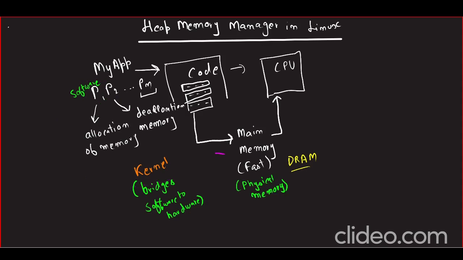Now what will happen is that these processes will first reach out to the kernel, and P1 will say, hey dude, can you allocate some memory for me of some size, this much, size 1? Anything. The kernel will say, okay, of course I can do it. Let me give it some time.